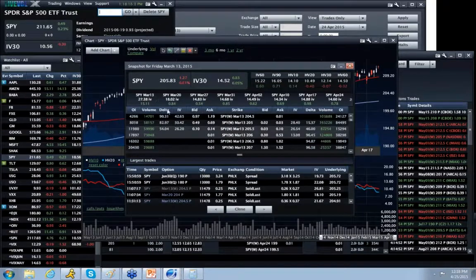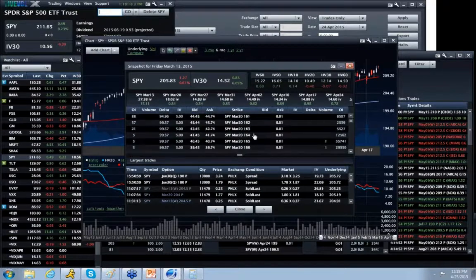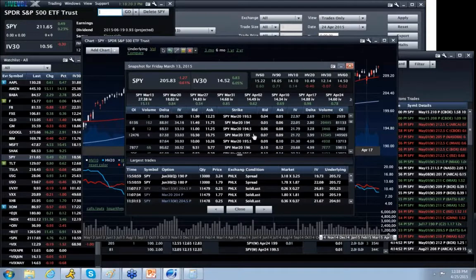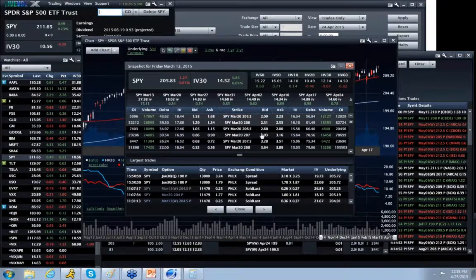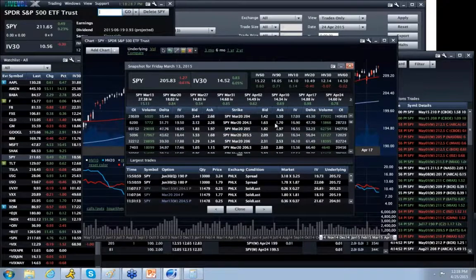So here we are. I'm going to the 20th, the regular March. And I sell the March $205 put at $1.90. So I'm short the 205 put at 190.